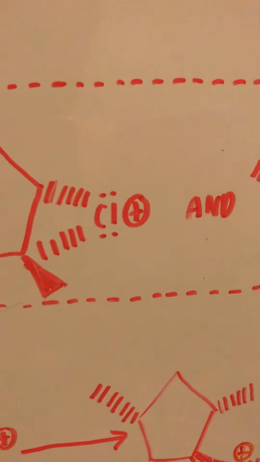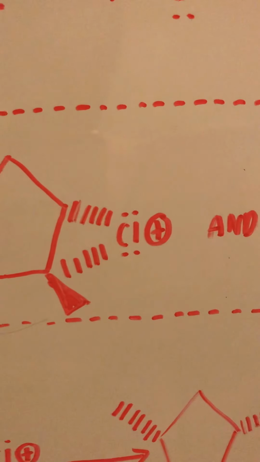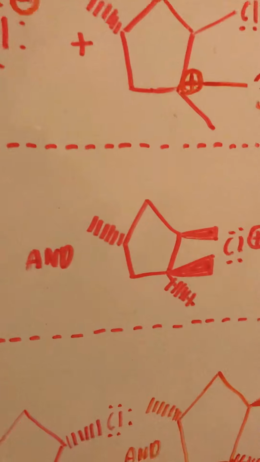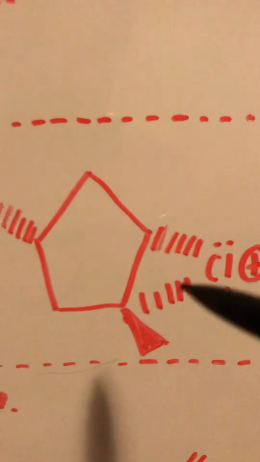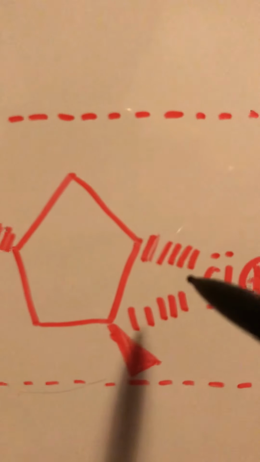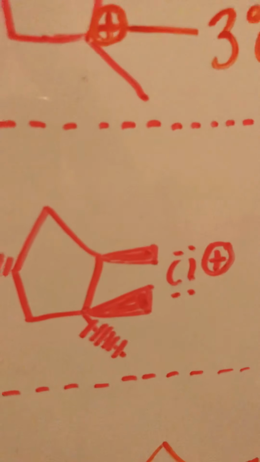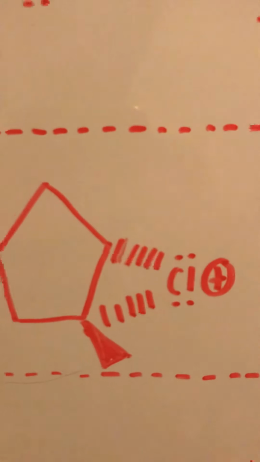Now, in order for this structure to be possible, both of the bonds to the chlorine have to be in the same face of the molecule, or in other words, both bonds must be cis to each other. And we can see this right over here as both bonds to this chlorine atom are oriented towards the backside of the molecule, and both of the bonds to this chlorine atom are oriented towards the front of the molecule, and this will obviously alter the methyl group that is hanging right over here as well.